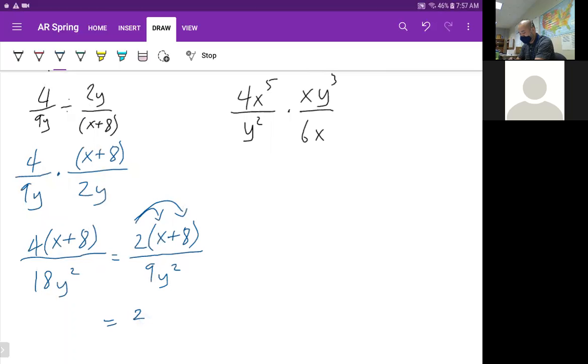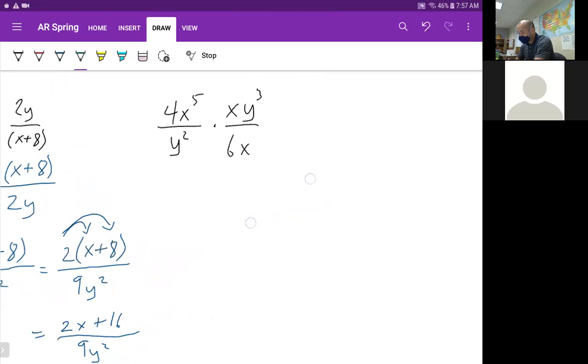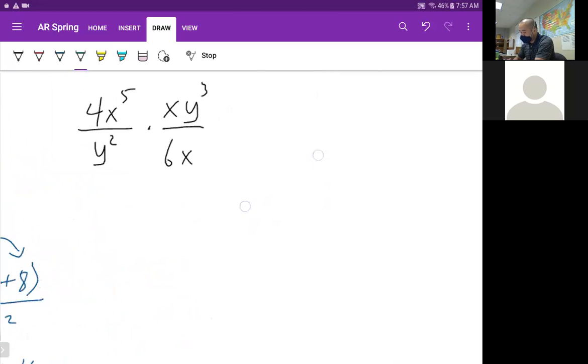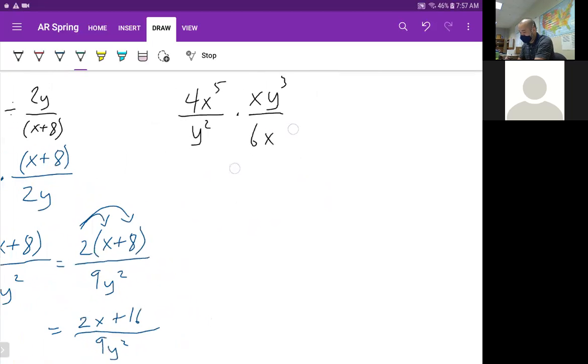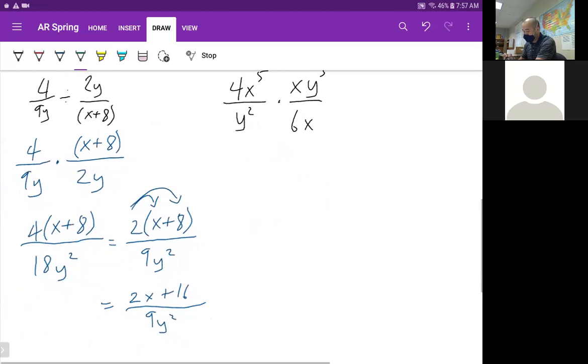So this is where the steps get a little bit longer. Okay, last one. This one has more things in it. Yes, this is the final answer because it doesn't reduce any further.